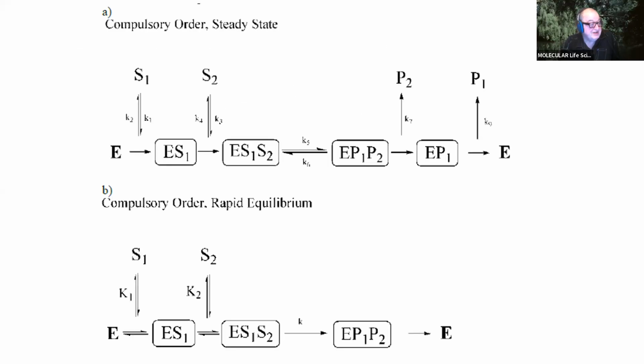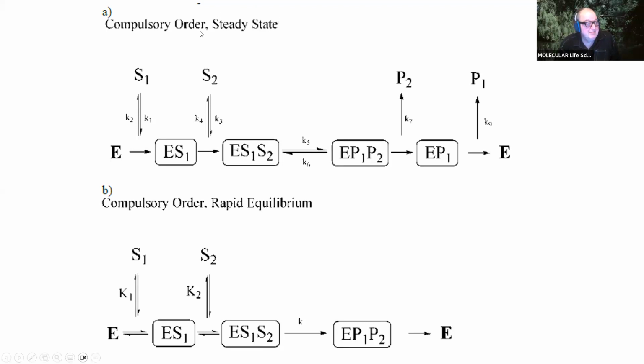So anyway, the basic types of 2-substrate reactions that fit this equation: the compulsory ordered steady state. Now we're introducing not just compulsory order, where you have a required addition of substrates, but you're introducing the term steady state. And so we usually talk about what the steady state assumption is at this point.